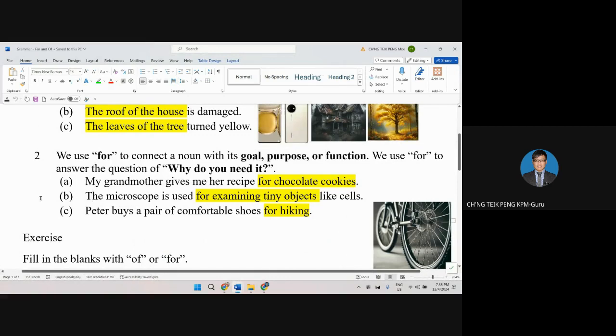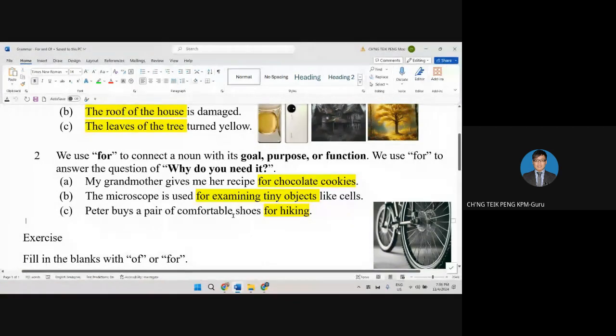The microscope is used, and after that, what are we using? For, because you want to talk about the function of the microscope. That's why we use for. It's used for examining tiny objects like cells. Peter buys a pair of comfortable shoes, and you want to tell me the function of the shoes. Different shoes have different functions, right? So shoes for hiking.